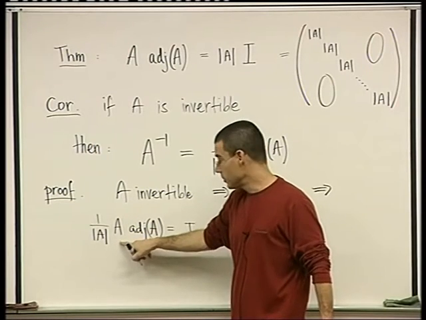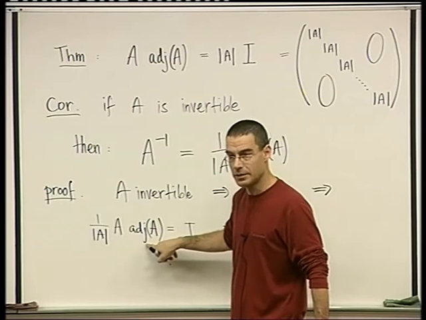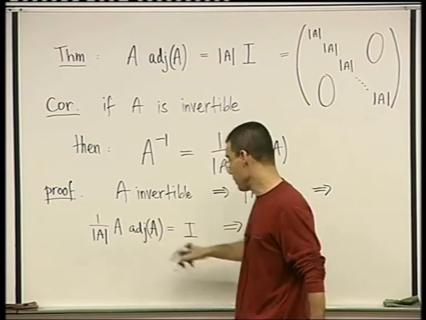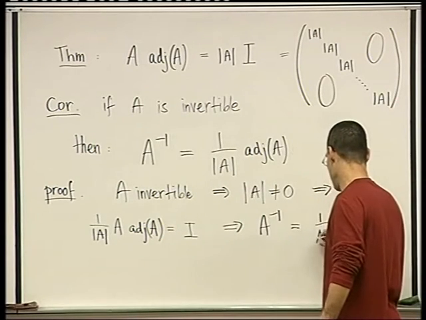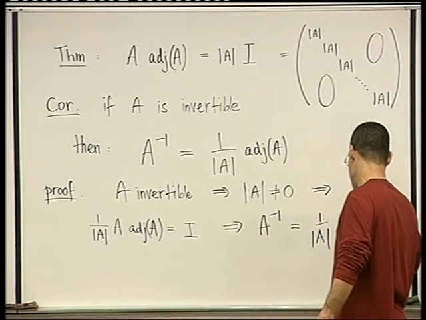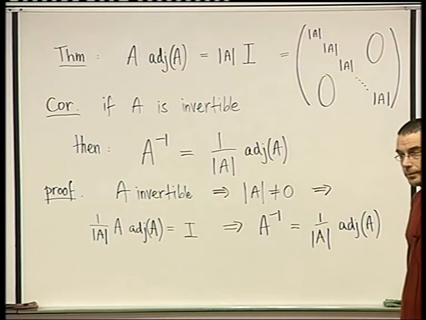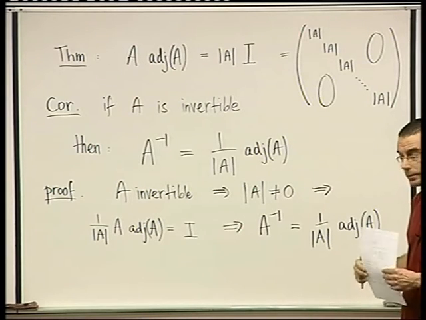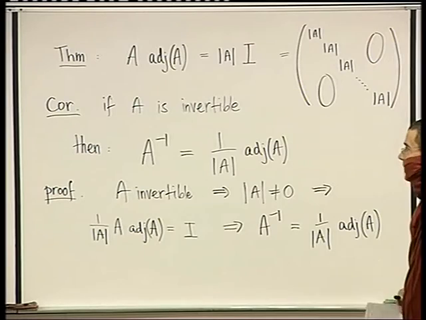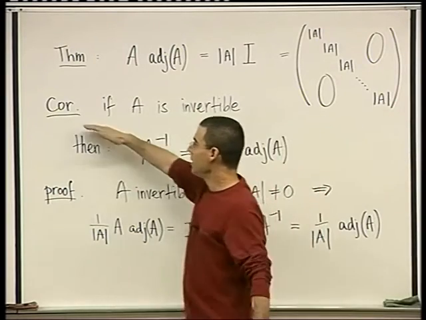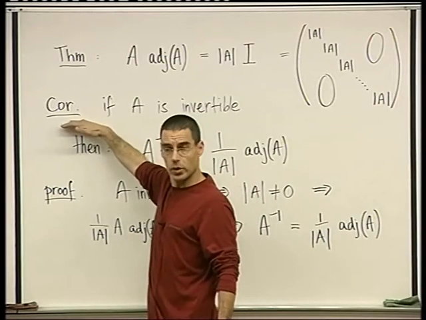I. And what is I times Adj A? It's just Adj A. So I get exactly what I wanted: 1 over the determinant times this matrix. Good?